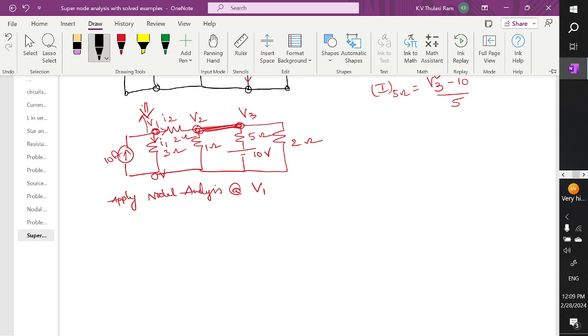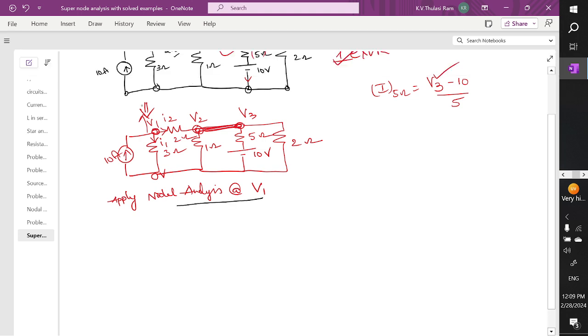Now when you mark it, applying nodal analysis at V1 is nothing but applying Kirchhoff's current law at node V1. When you apply Kirchhoff's current law, what are the entering currents? The 10 ampere current is entering. What are the leaving currents? The current in this branch is I1, and the current in this branch is I2.